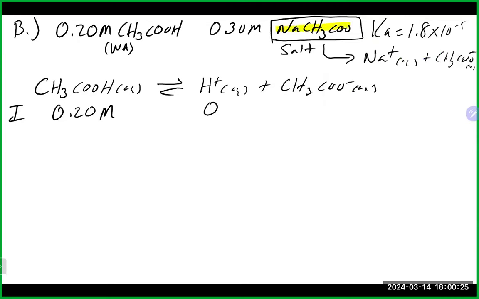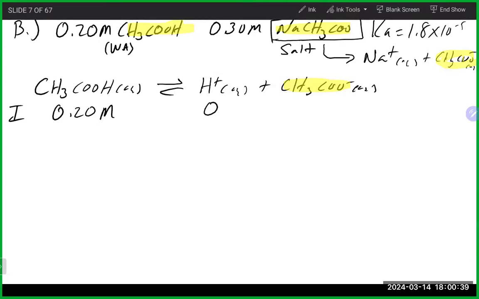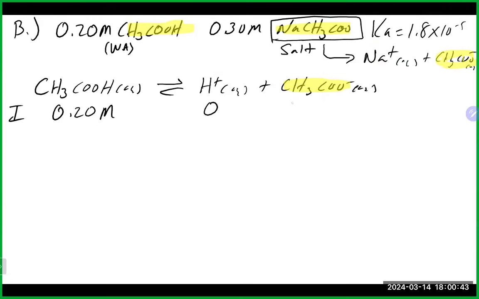So by dumping this into the beaker with this guy, it produced some acetate, and that acetate is our common ion here. So the difference in the ice table, when you have this common ion present, is you need to have an initial concentration on our product side. In this case, it would be 0.3 molar, as this is a 1-to-1 relationship between those two, which means the concentration of this guy would also be 0.3 molar.